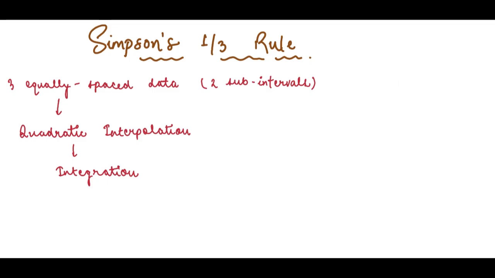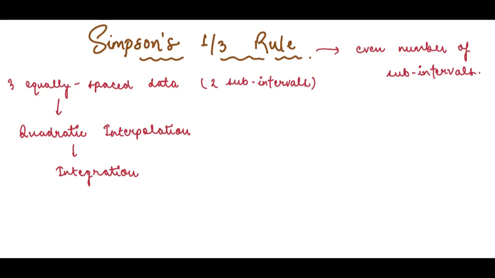So if the interval is divided into n equal subintervals, then for the composite Simpson's one-third rule, n must be even. For example, n as 2, 4, 6, 8 and so on are valid. But if n equals 3, 5, 7 and so on, that can't be used directly with the composite Simpson's one-third rule. So Simpson's one-third rule basically requires an even number of subintervals.